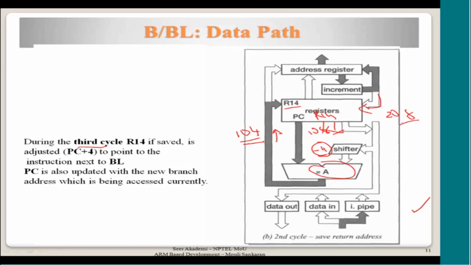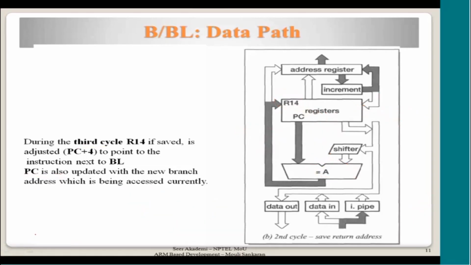It would have changed, but R14 now preserves the old PC value. PC is also updated with the new 200 plus, maybe 204 or 208 based on which cycle we are in. That can be written in parallel because PC has a separate read and write port, while the rest of the registers have to use read and write ports, so it can happen in the same cycle.